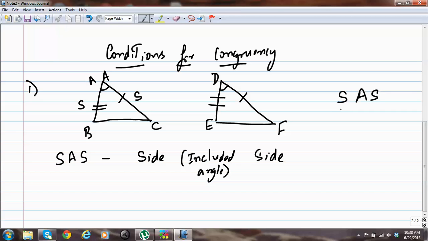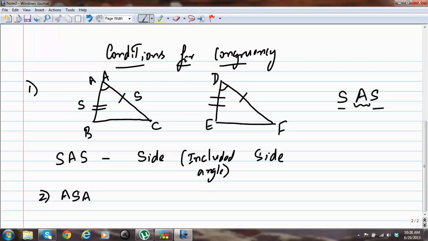This means two sides and the included angle formed by these two sides, the angle which is subtended when these two sides are meeting. The second rule is ASA.